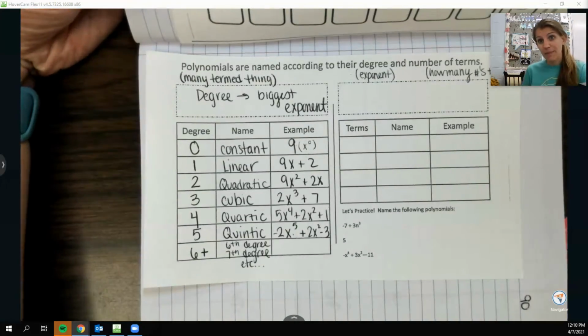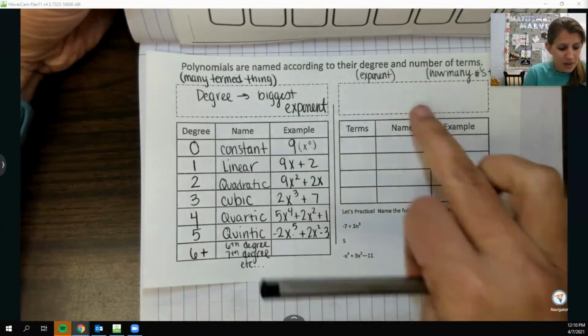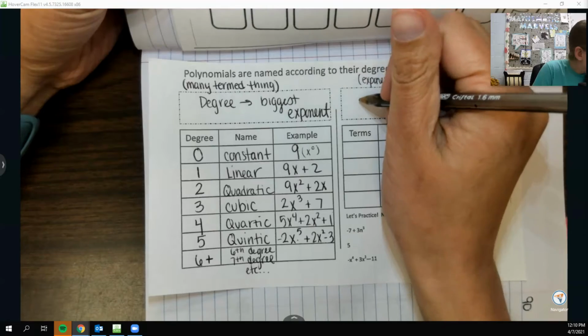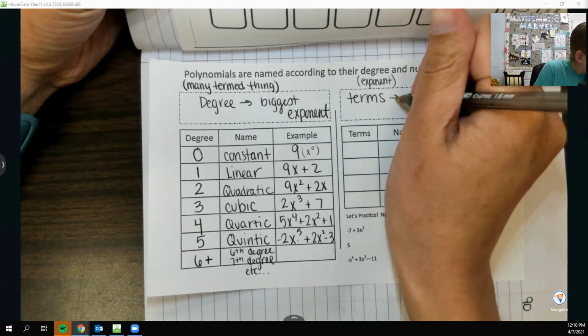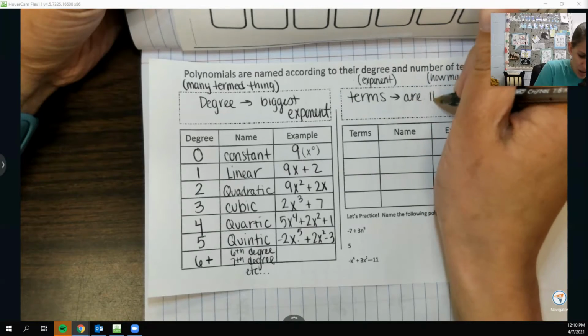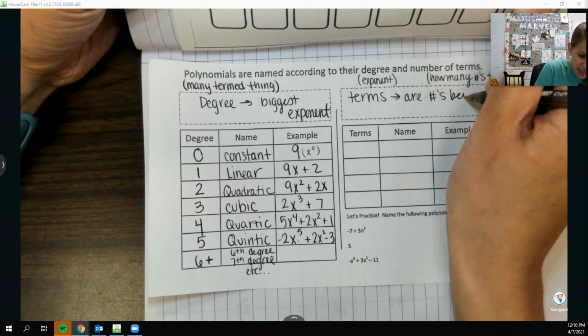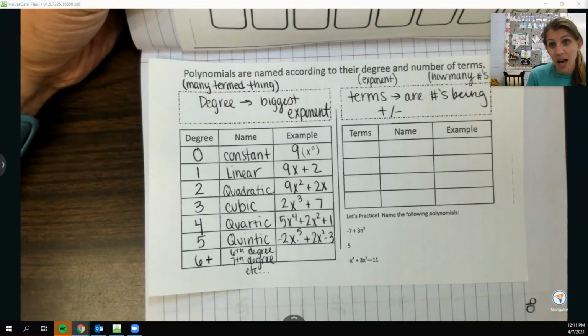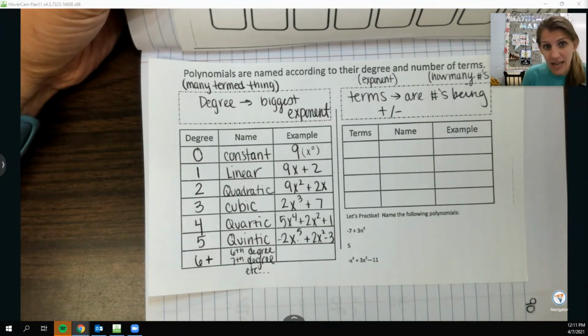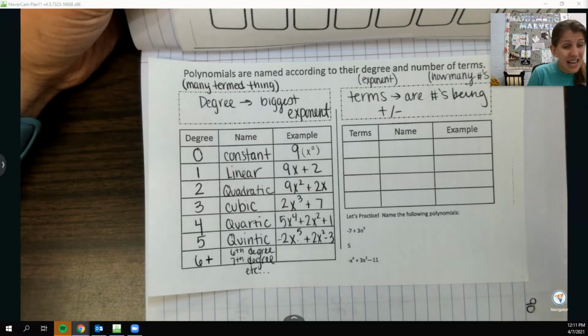So that's its first name. Its last name is based on the number of terms. Terms are numbers being added or subtracted, and I count up how many of those there are, and that's how I name it. You can't really have 0, because if you have 0, you don't have anything.